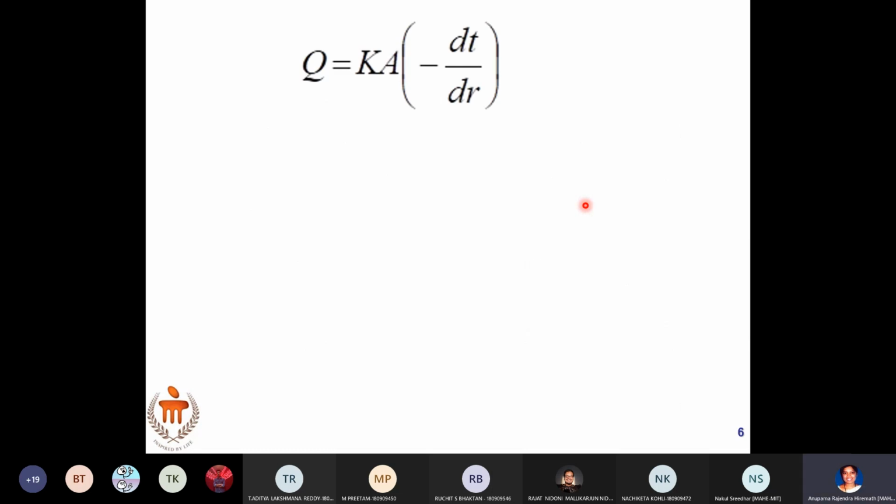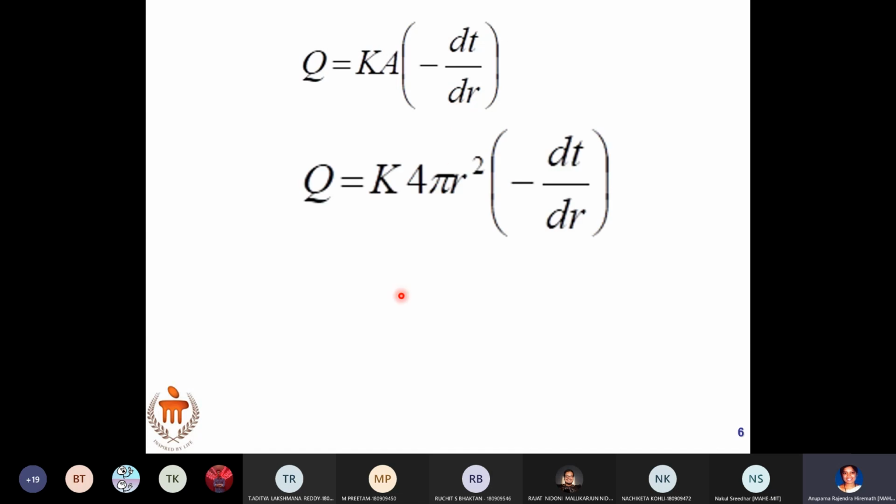So we'll start with Fourier's equation: Q equals minus kA dT by dr. Here we have a spherical cross section, that's why the radius r comes into the picture. Area is 4 pi r squared, the area of the sphere, which you substitute.